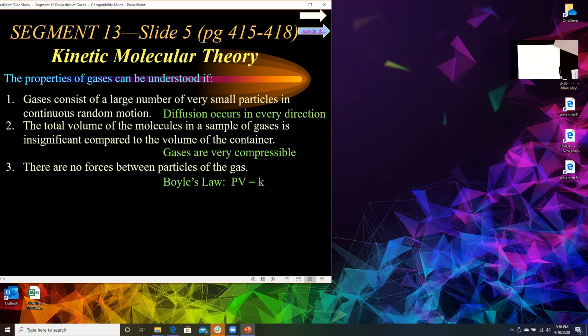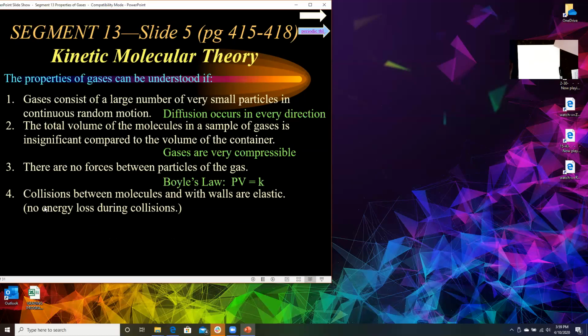When you force them close enough, they would stick together. So if I had two individual molecules and I pushed them close enough and they fused together to make A2, a diatomic molecule, I would go from 2 moles all the way down to 1. And you can see that the pressure would be much, much smaller if it were 1 than if it were 2.